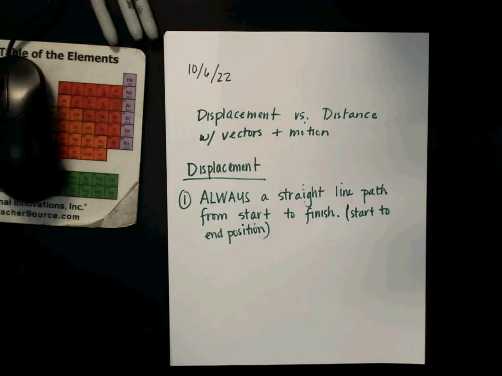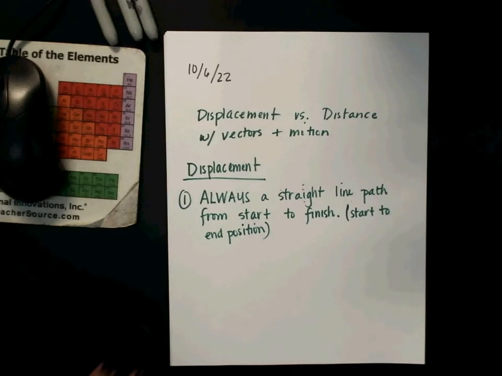Does your car measure your path in a straight line? No. So it doesn't really measure your displacement. Wouldn't it be nice if we could drive everywhere in a straight line? We'd get everywhere much quicker. But your car doesn't actually measure your displacement. What does it measure? Yeah, total distance covered, and there's a big difference.